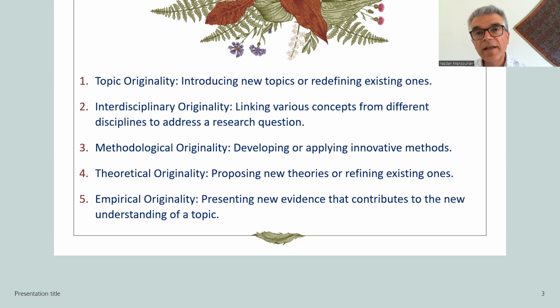So, and each aspect can be addressed from one discipline. So you might look at social well-being from sociology perspective, or you can look at emotional well-being from psychology discipline. So, and then make a link between them and makes your research interdisciplinary.